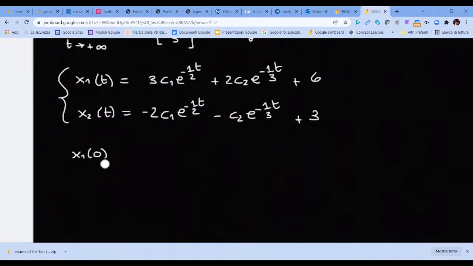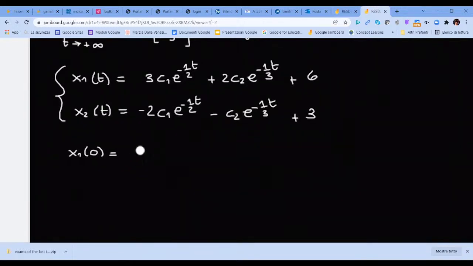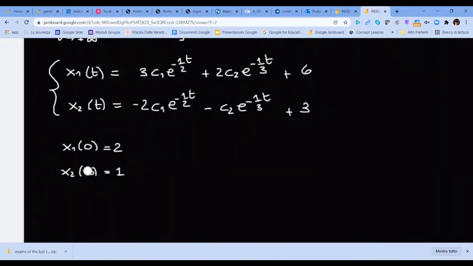Okay, let's say we have x1 of 0 is equal to 2, and x2 of 0 is equal to 1. What we have to do is to substitute these two initial conditions in these two equations.